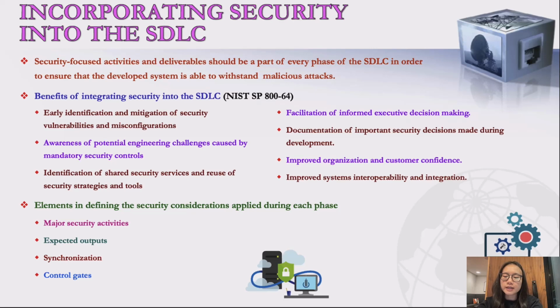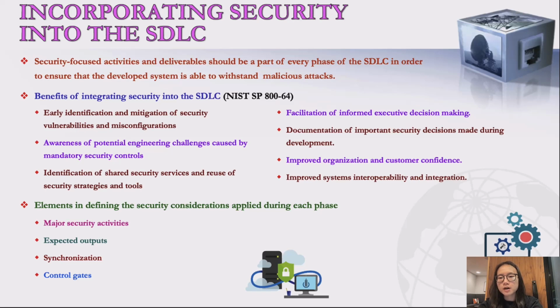Second of all, it enhances awareness of potential engineering challenges caused by mandatory security controls. Third of all, it assists the identification of shared security services and reuse of security strategies and tools to reduce development costs and schedule while improving security posture through proven methods and techniques.